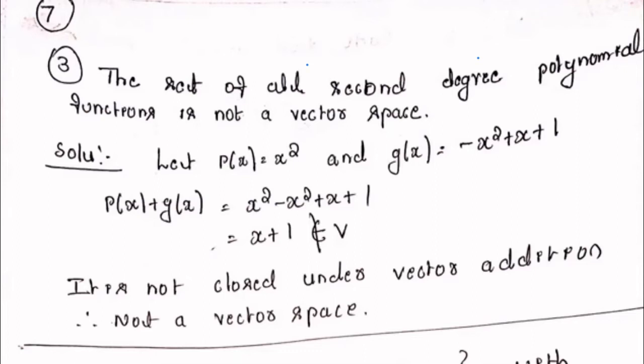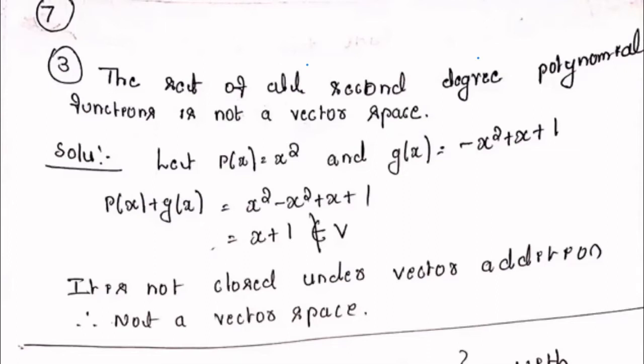Here when you add P of x and g of x, x square minus x square plus x plus 1, the x square minus x square will cancel. You're left with only x plus 1. That is not a second degree polynomial. So that doesn't belong to the set of all second degree polynomials.